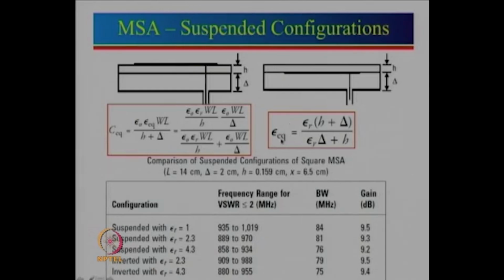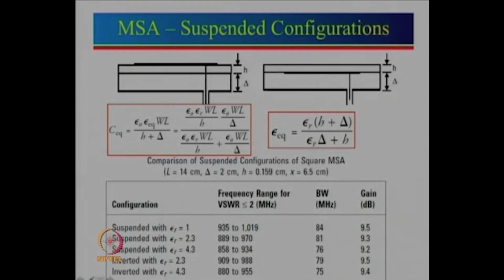Because epsilon equivalent instead of 1 has now become roughly close to 1.1, that is why this frequency is reduced. For epsilon r 4.3, one can calculate epsilon equivalent, and for a larger value of epsilon, epsilon equivalent will be slightly higher, so the resonance frequency is slightly lower. So, if I take the percentage bandwidth, the change will be very small.